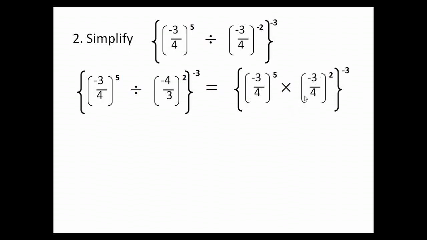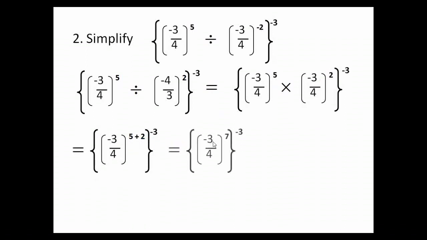So the bases of these two numbers are the same, and when we multiply two numbers with the same base, what happens to their power? Gets added. So here we can say (negative 3 by 4) raised to the power 5 plus 2, whole raised to the power negative 3. Now let's add it. So negative 3 by 4 whole raised to the power 5 plus 2 will become (negative 3 by 4) whole raised to the power 7.